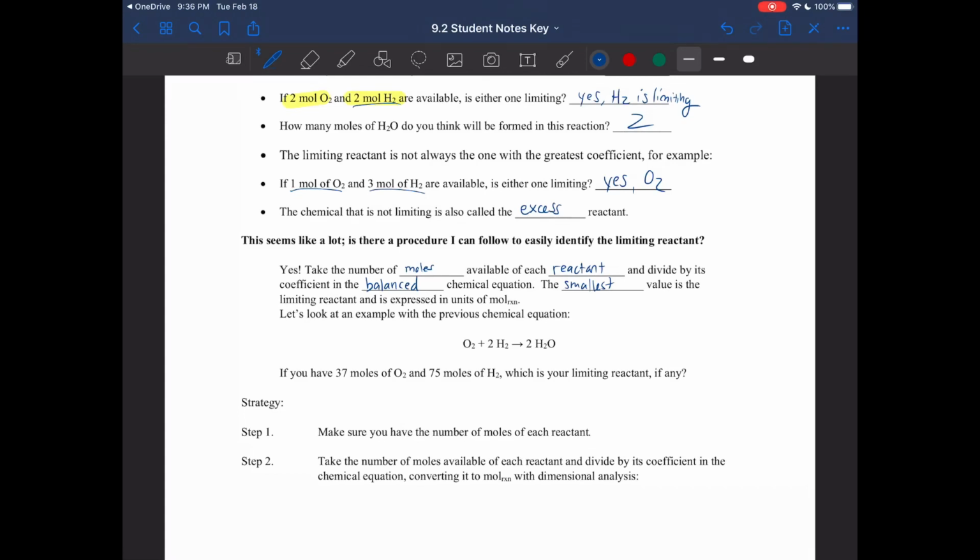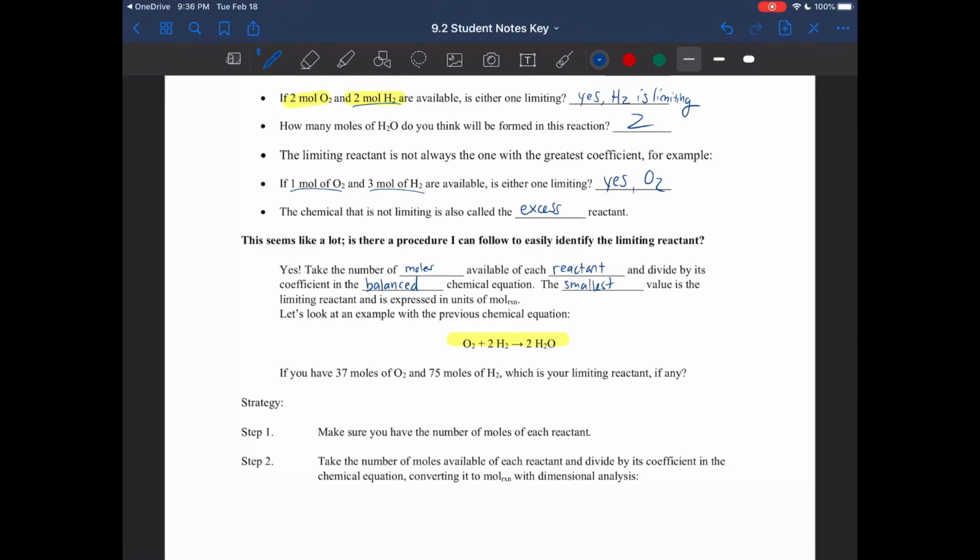So let's look over with that previous chemical equation. And here, I'm just rewriting it for y'all. If you have 37 moles of O2 and 75 moles of H2, what is your limiting reactant, if any? So I'm looking at these numbers and I'm thinking, these are kind of big. I can't really mental math my way through these numbers as easily as the other numbers.